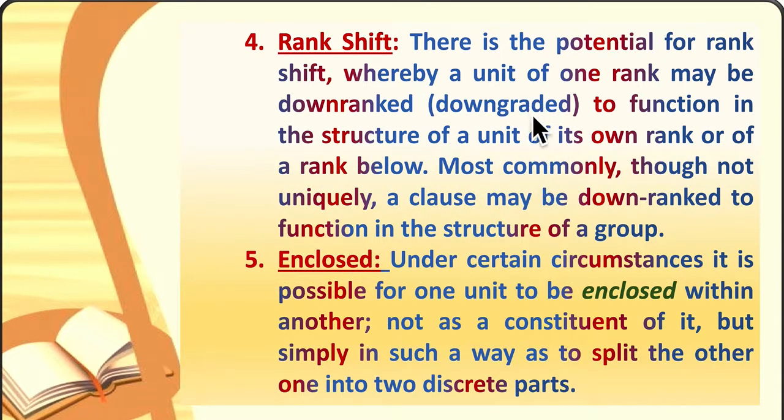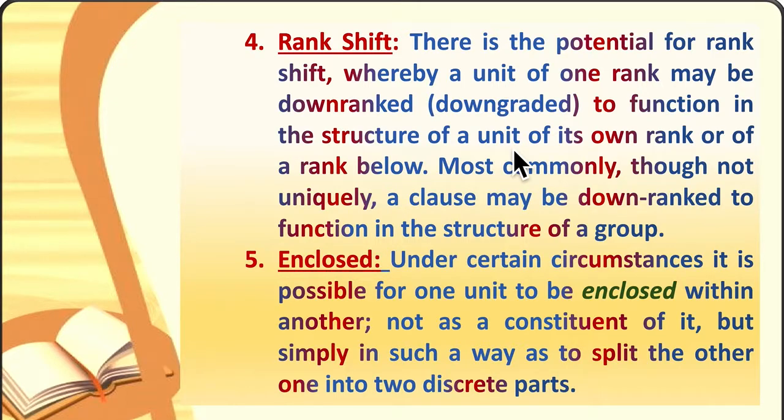Look here. The point is that each rank of a scale, each constituency, is downranked slowly till we reach the last level. So when we analyze a text, first we go as a large segment.